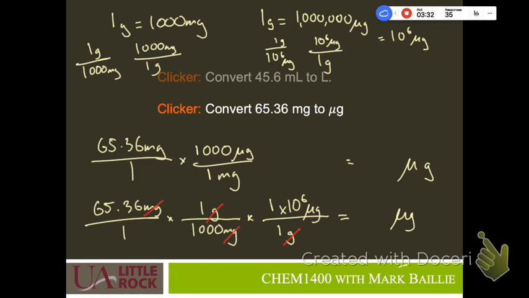So then our value in the end would come out to 65.36 times 10 to the 3rd micrograms, which would be 65,360 micrograms.